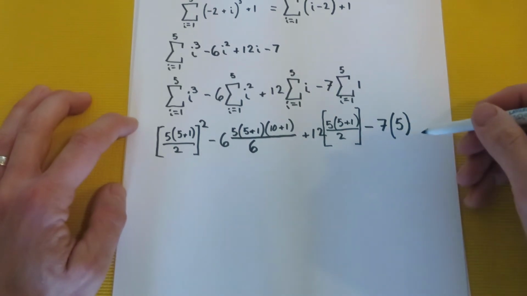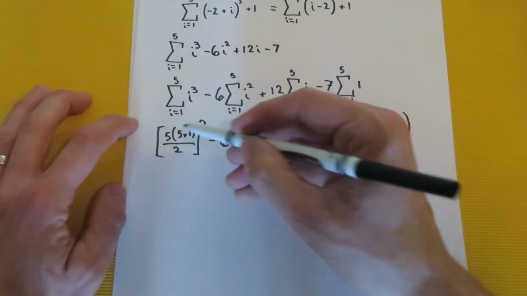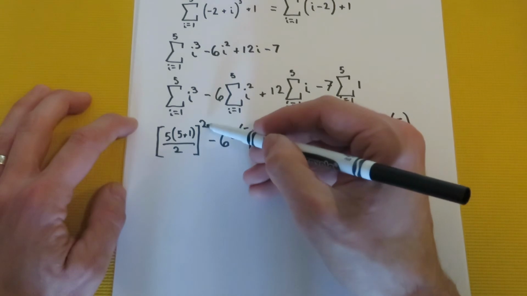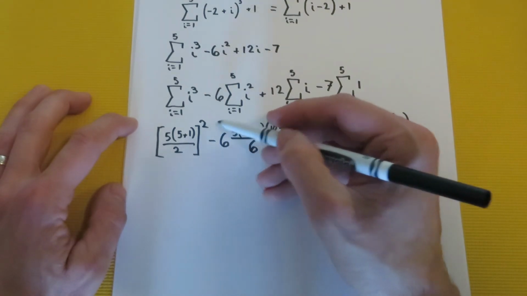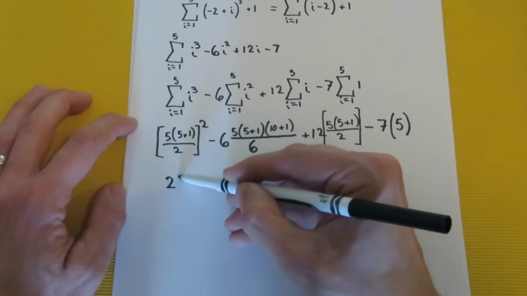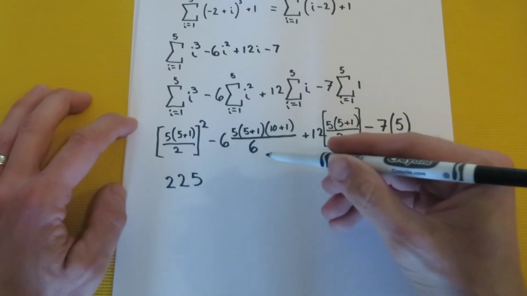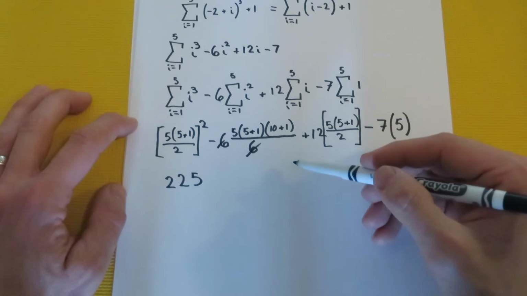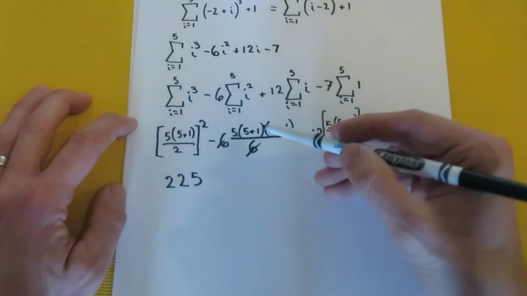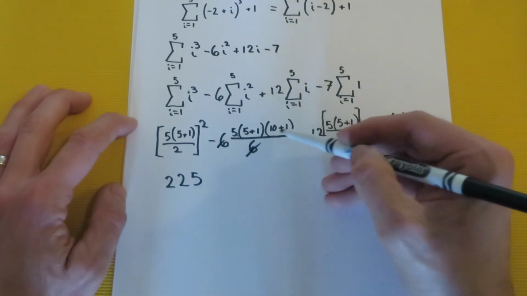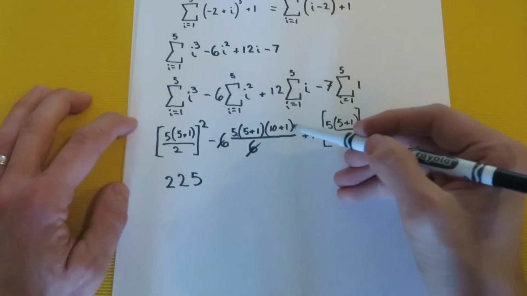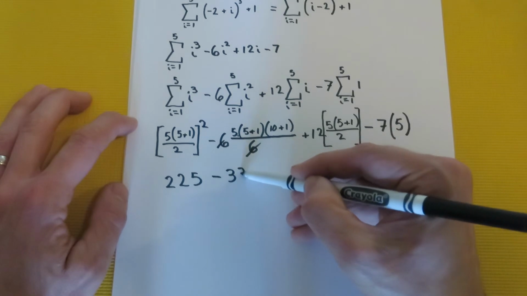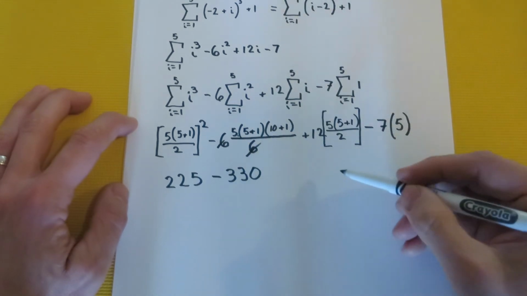All right, so let's evaluate this and see what we get. 5 times 6 is going to be 30, divided by 2 is 15. 15 squared is going to get us to 225. Here our 6s are going to cancel out, and we are left with 5 times 6, which is 30, times 11, which is 330. So don't forget our minus, and we have 330.